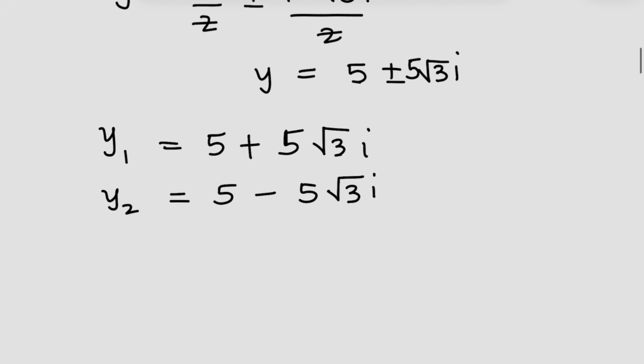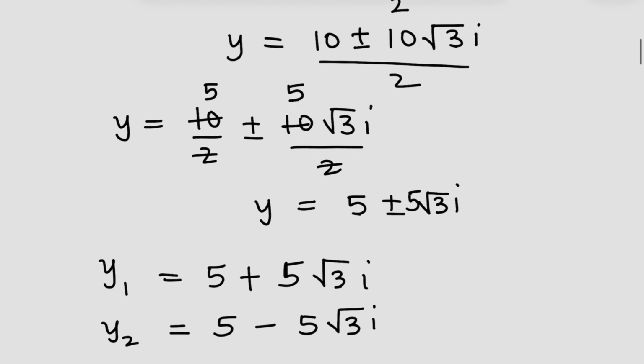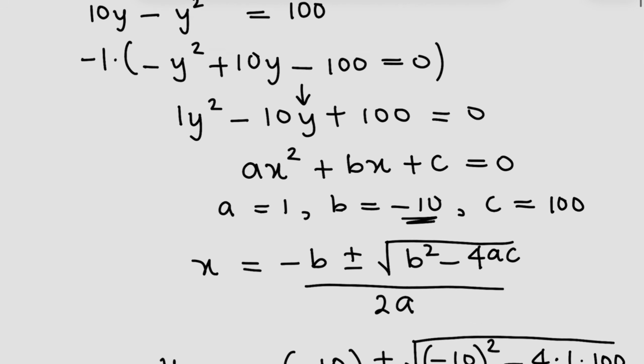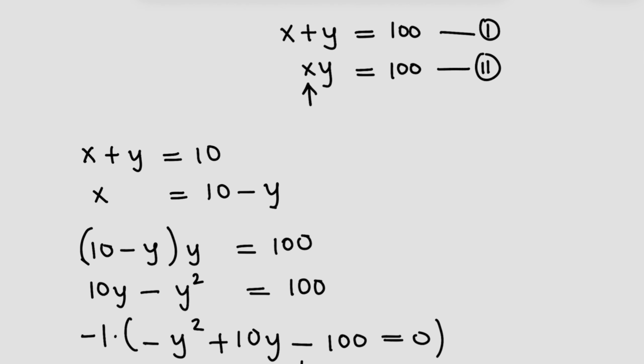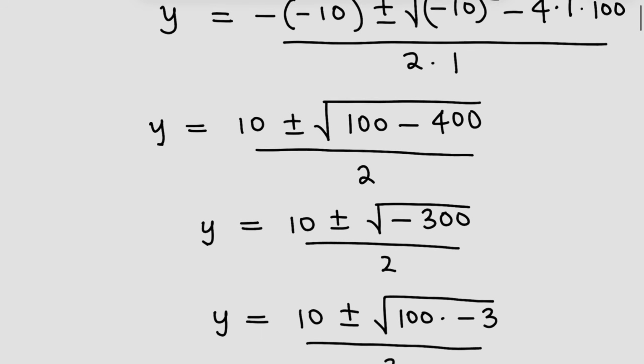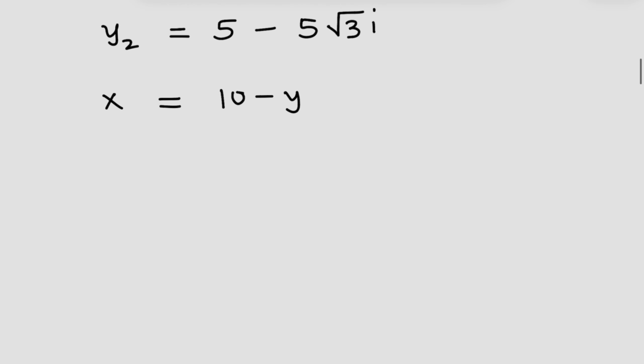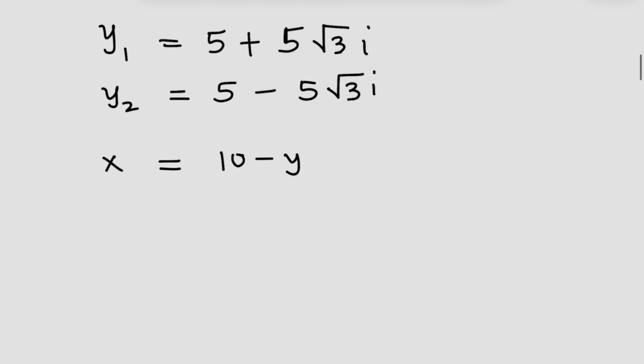Now let us get the corresponding values for x. Remember, x is equal to 10 minus y. If we go back to the beginning, we solved for x in equation 1. So x is 10 minus y, and then we have two values for y.